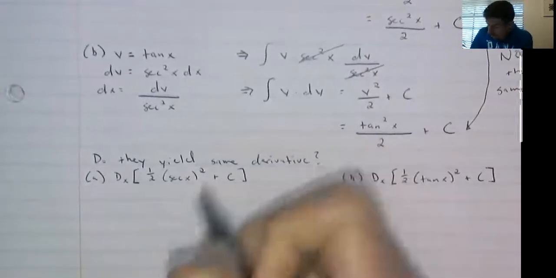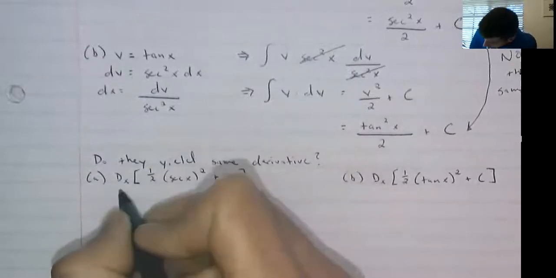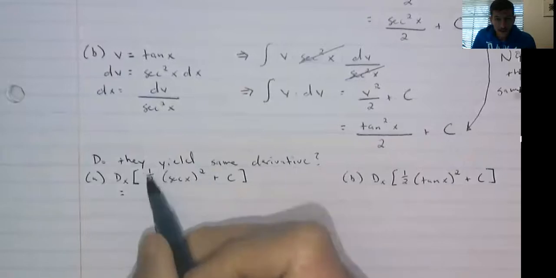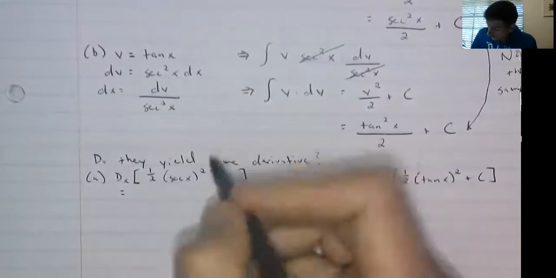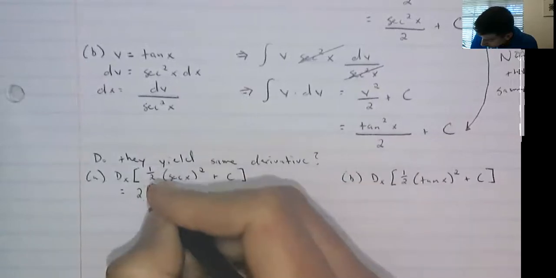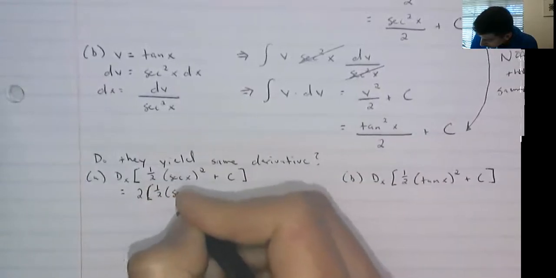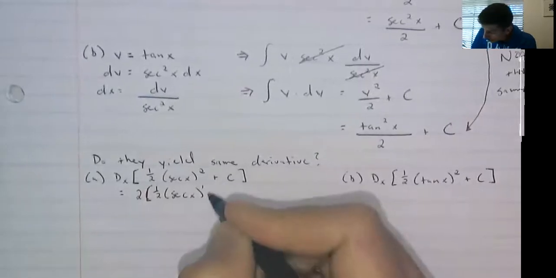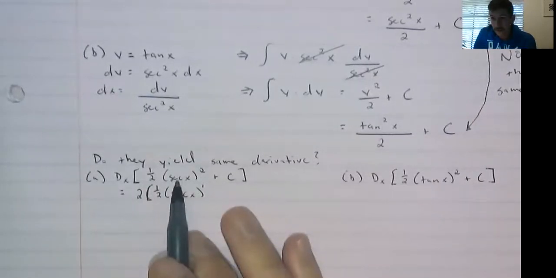Okay, so let's differentiate. We'll have chain rule happening. The outer function will pop that down. 2 times 1/2 times secant of x. The 2 just becomes a 1. Chain rule says take the derivative of this inner function.